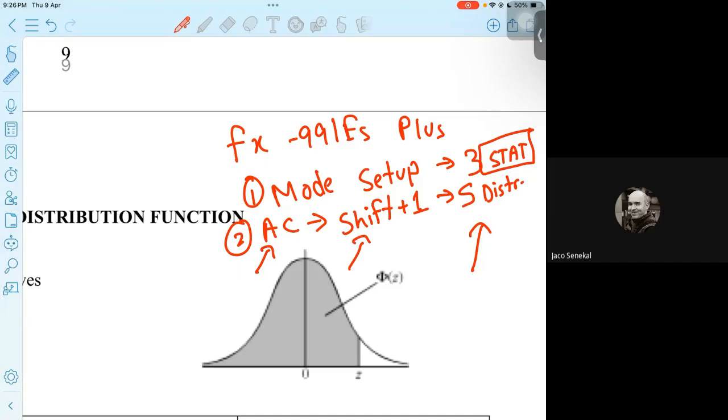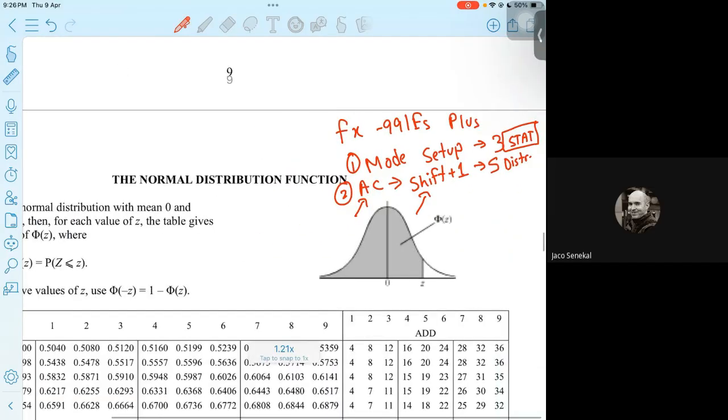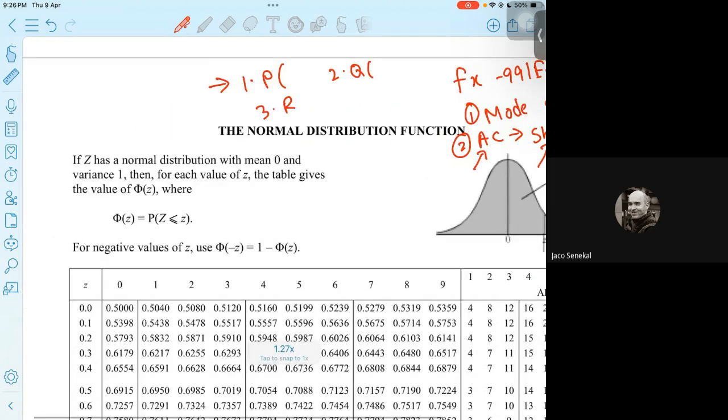Shift plus 1 should give us this distribution option for number 5. We click on number 5, and then we should get something like this: 1 P(, 2 Q(, 3 R(. This is basically what you're going to get if you ever plug in this.